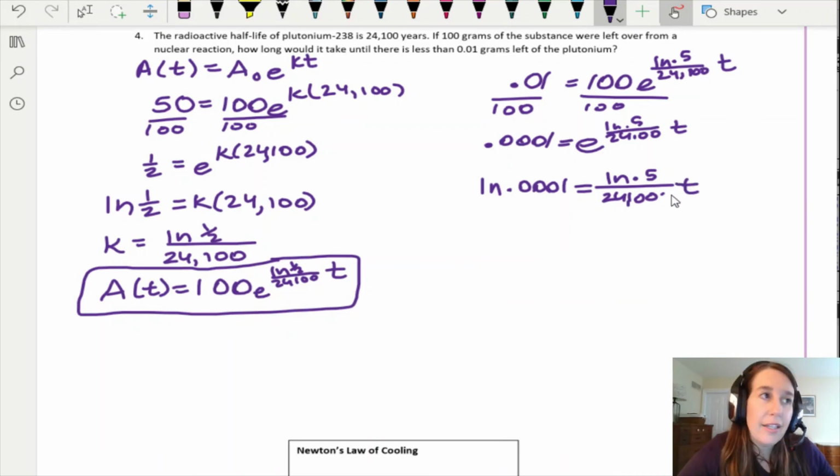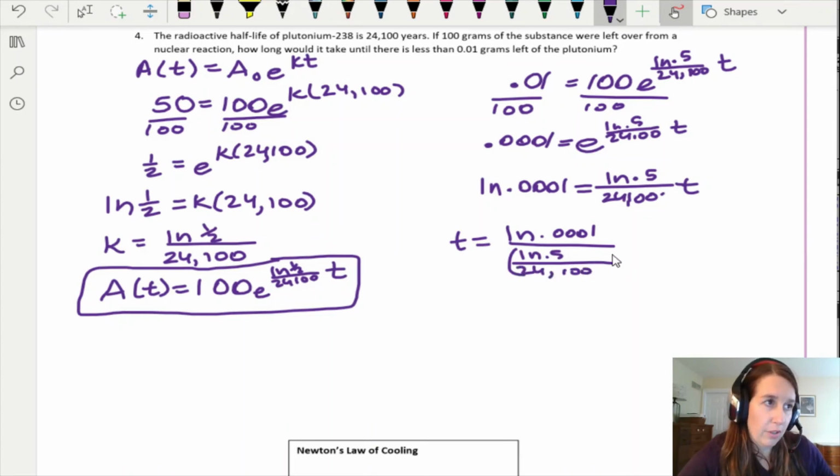Okay, and so to solve for t, just divide both sides by this. So t is equal to ln 0.0001 divided by all this, natural log 0.5 divided by 24,100. Okay, so we're going to want to type that into our calculator.